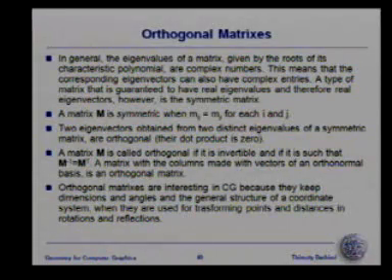And why do we like orthogonal matrices? Because, as I said, if we use orthogonal matrices for transformation, they keep dimensions, angles, and the general structure of any point or shape that we transform during rotations, reflections, translations.